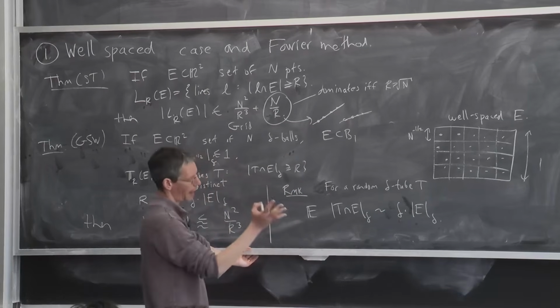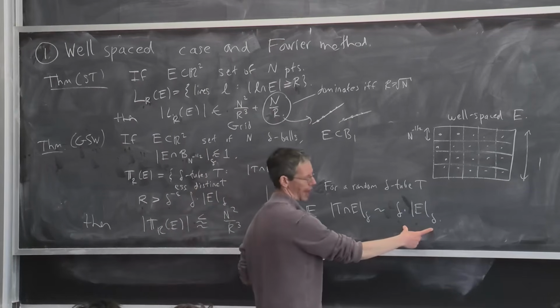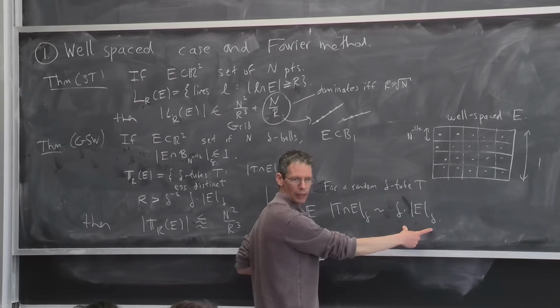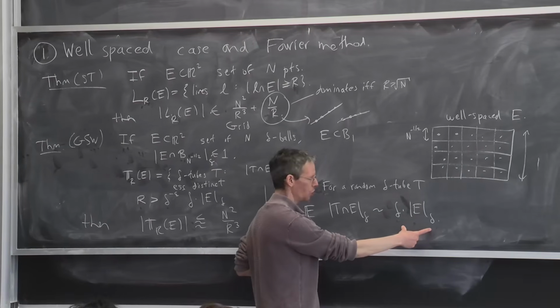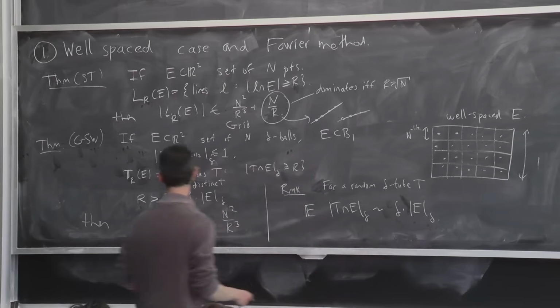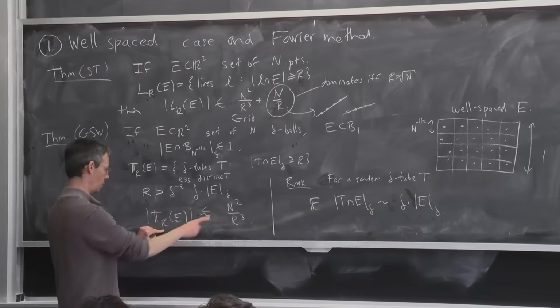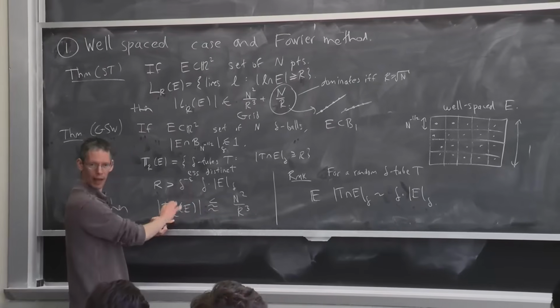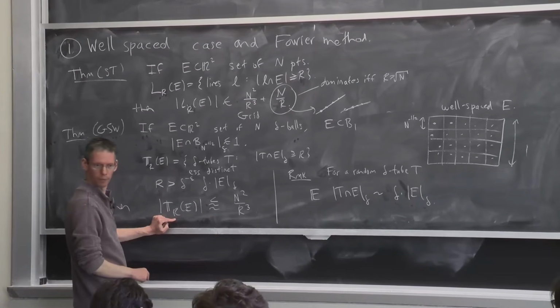OK, so if you just take any old tube, you'll hit that many delta balls from E. So tubes that hit this many delta balls of E are not special. Any old tube will do. And so if R takes that value, this upper bound isn't true at all. This could be way bigger than that, because it could be basically all the tubes.